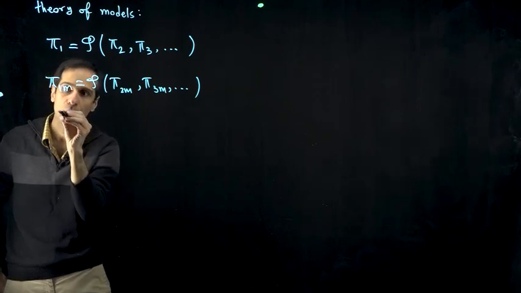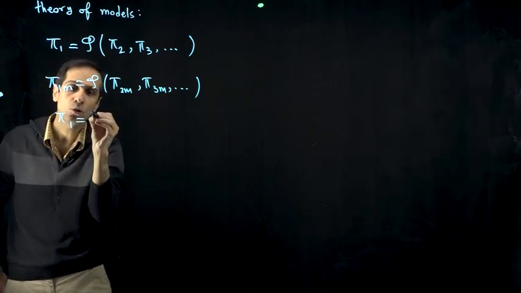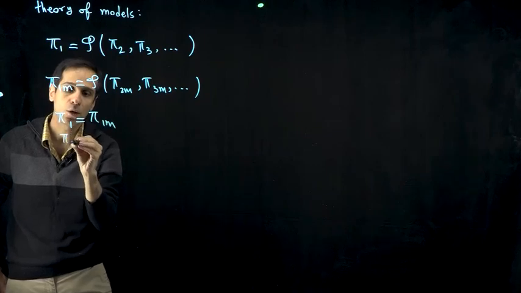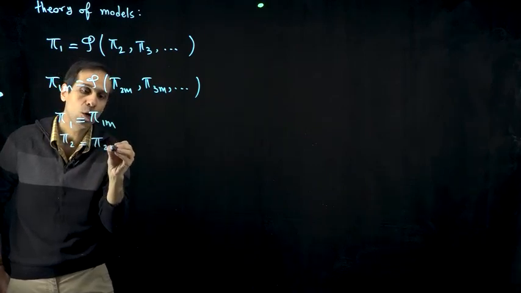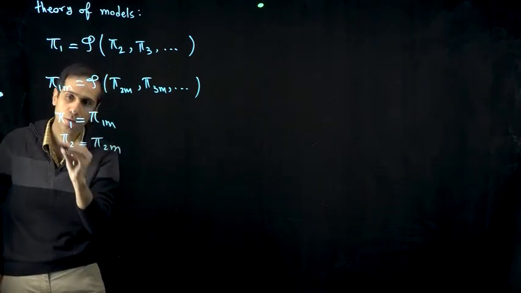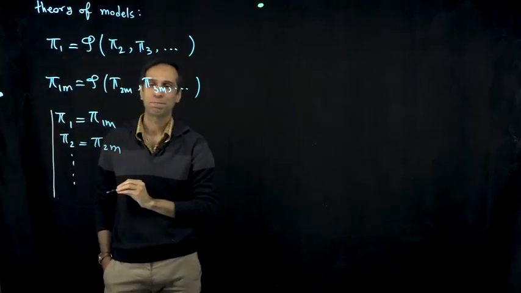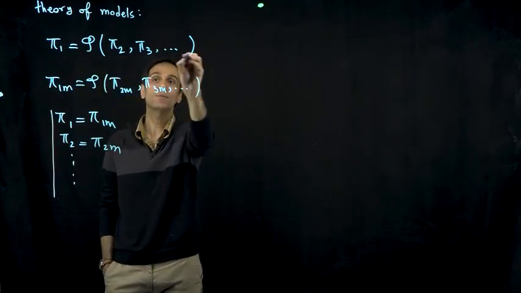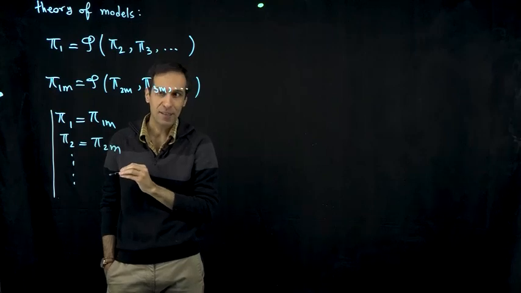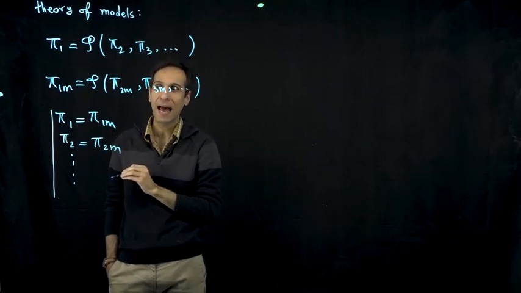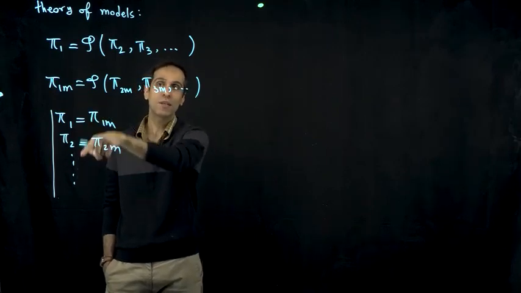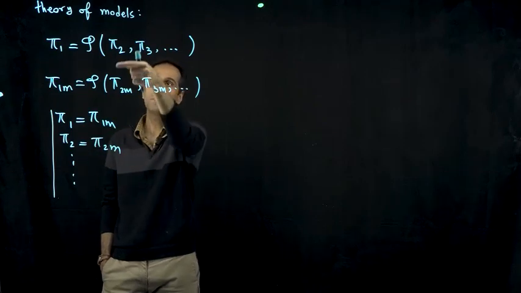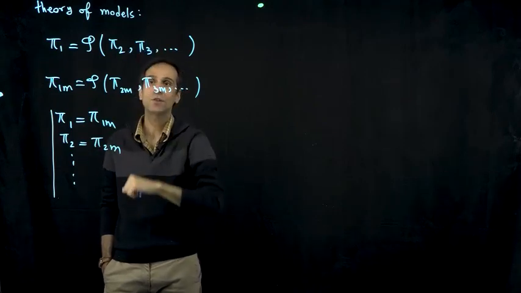In other words, pi 1 should be equal to pi 1m, pi 2 should be equal to pi 2m, and so on. So first, we need to form the pi terms. Then we need to make sure that the corresponding pi terms are identical between the prototype and its model.